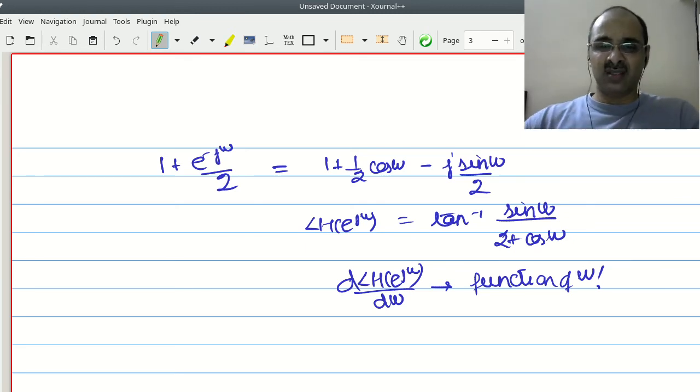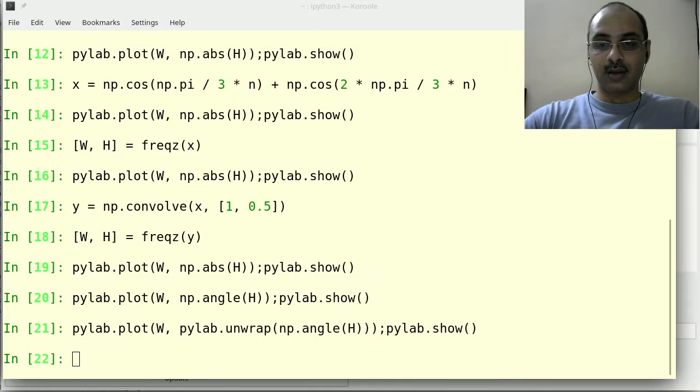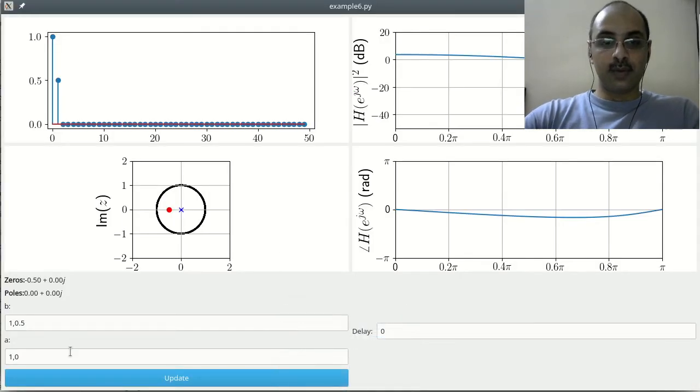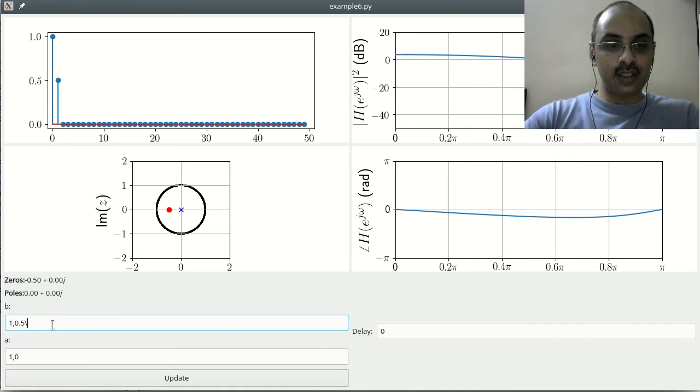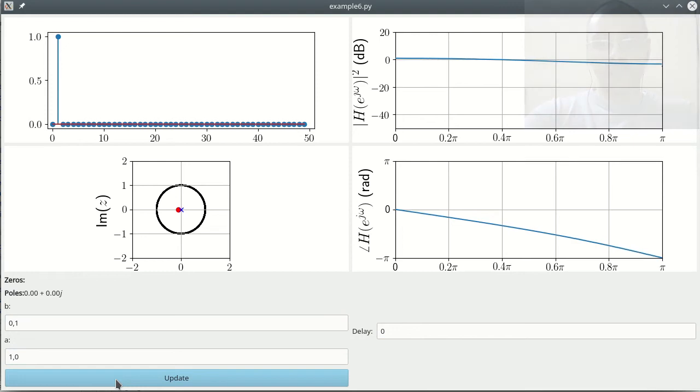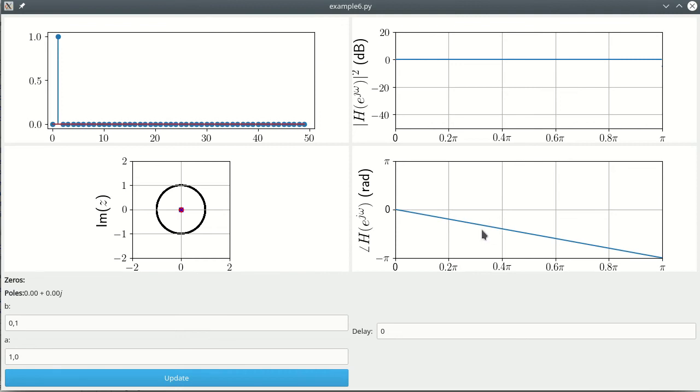What does that mean? If you notice, let's go back to our program. In our program, let's look at the filter, let's look at the sequence 0, 1. So if you notice this, it has a linear group delay structure. The fact that the phase response is linear means the group delay is constant. All frequencies are going to get delayed by the same amount.